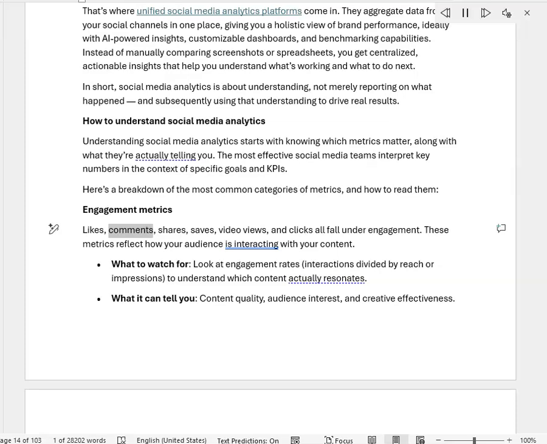Likes, comments, shares, saves, video views, and clicks all fall under engagement. These metrics reflect how your audience is interacting with your content. What to watch for: look at engagement rates, interactions divided by reach or impressions, to understand which content actually resonates. What it can tell you: content quality, audience interest, and creative effectiveness.